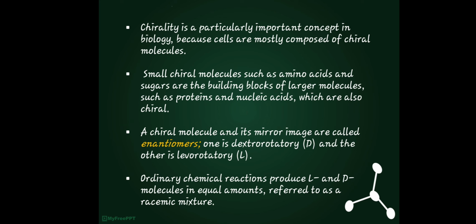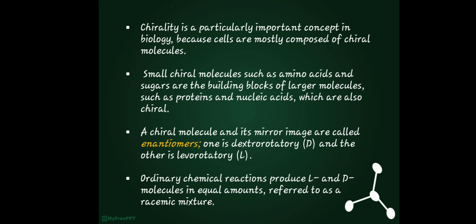We have amino acids, sugars, proteins, and nucleic acids, which are also chiral. Okay? Then it also said that a chiral molecule and its mirror image are called enantiomers. In enantiomers, one is dextrorotatory, and the other one is levorotatory.